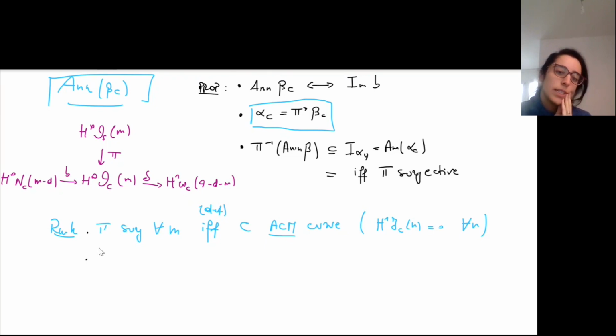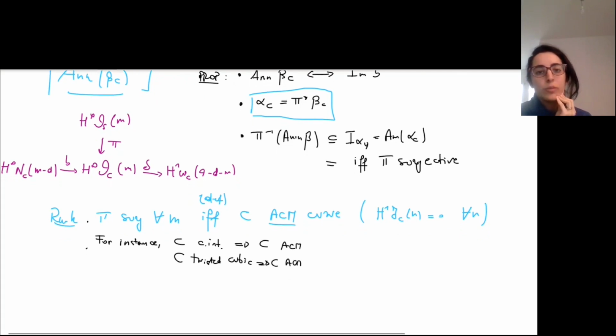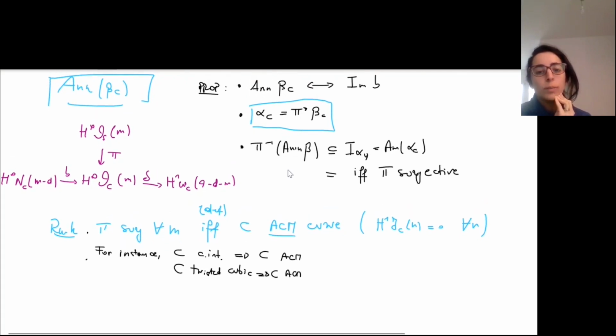For instance, if C is a complete intersection, then C is an ACM curve, and C a twisted cubic is an ACM curve. Those are the most known examples, but just to understand what I mean.